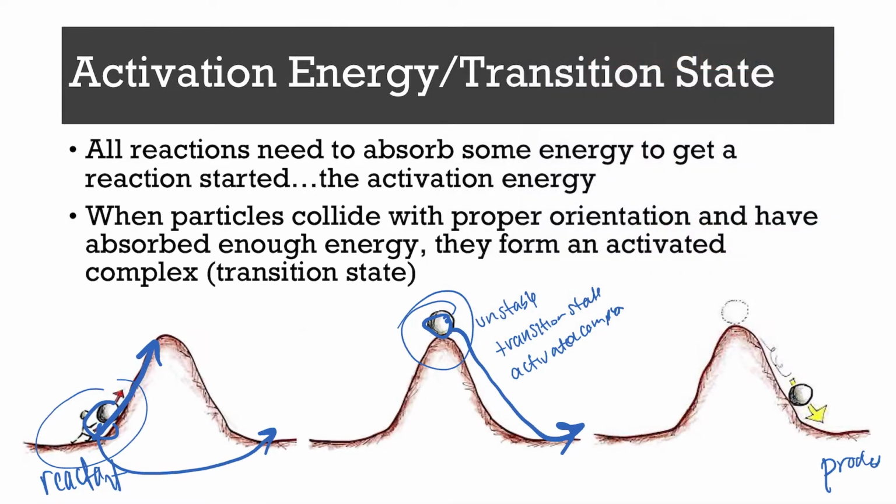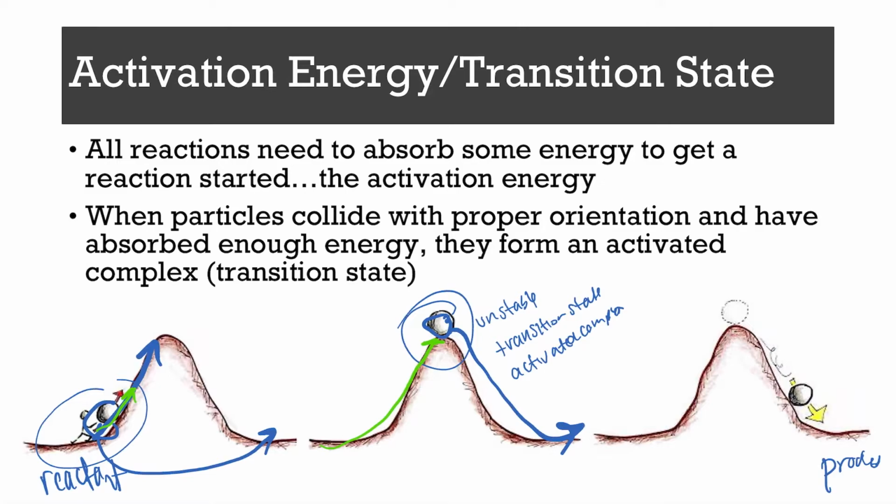If you stop pushing your rock halfway up that hill, it's going to fall back down and nothing's going to happen. In order for a reaction to happen, it needs to hit that top part, and then it can follow through.